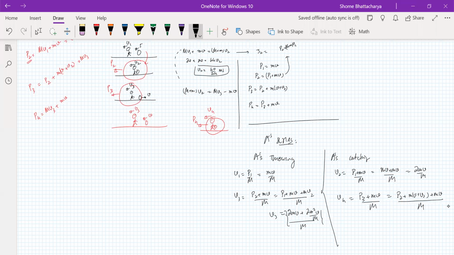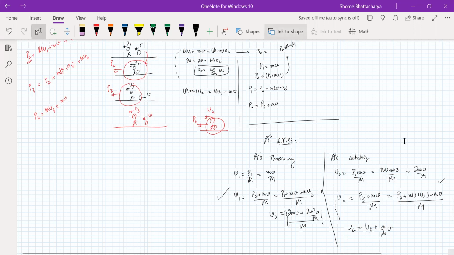Now if you compare this term with this term, you can see there's an addition of m by mv. You understanding? P4 is equal to V3 plus m by m into v. Just compare these two terms. So this way you will be able to form some kind of a pattern, I think.